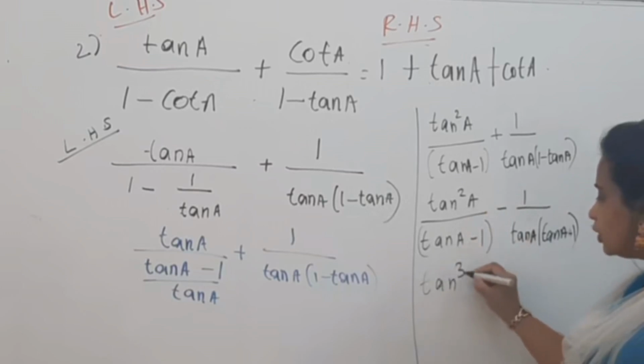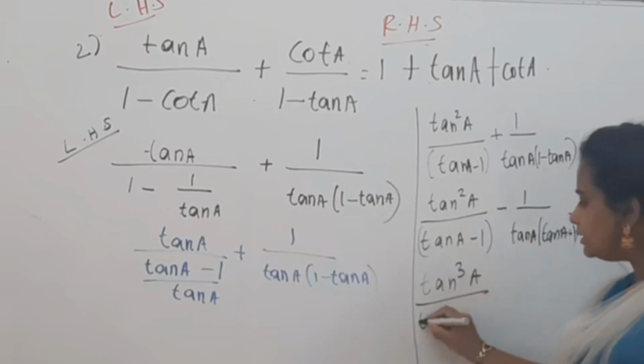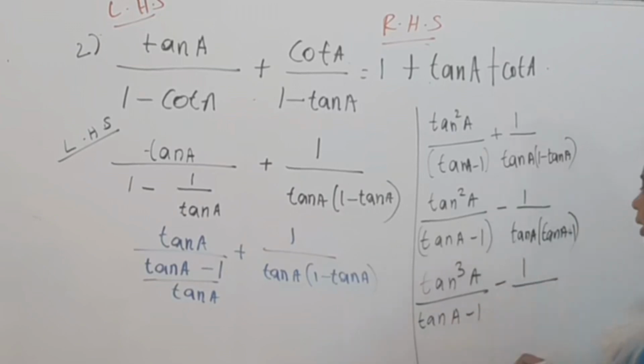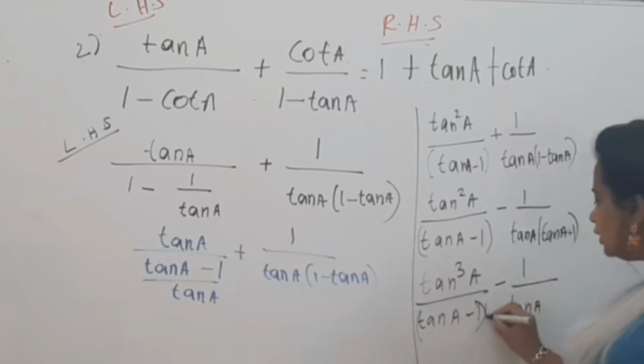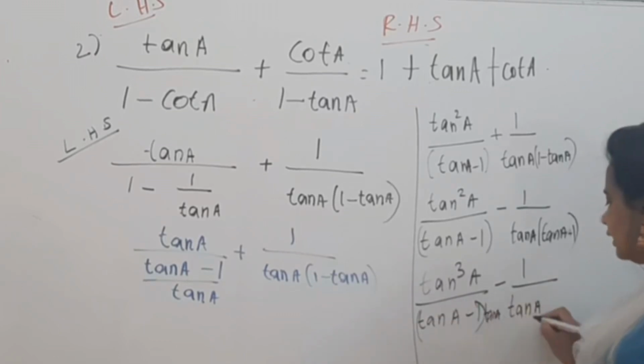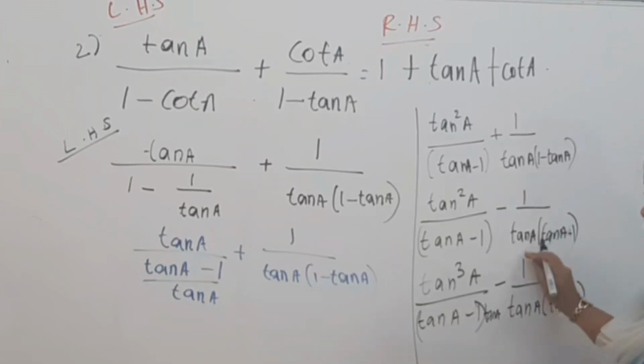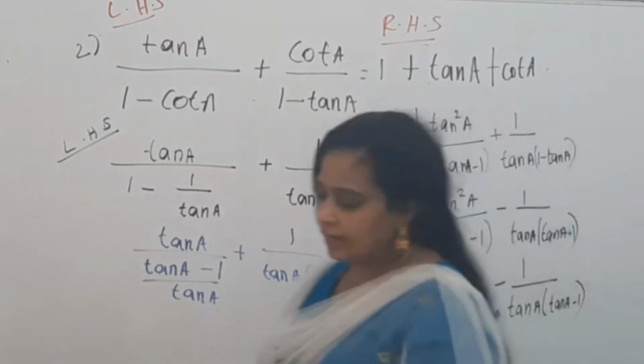It becomes tan cube A by tan A minus 1 by tan A, and this is also into tan A and tan A into tan A minus 1. I have taken the LCM. So here I don't multiply. Why? Because in this term there is already a tan A term.